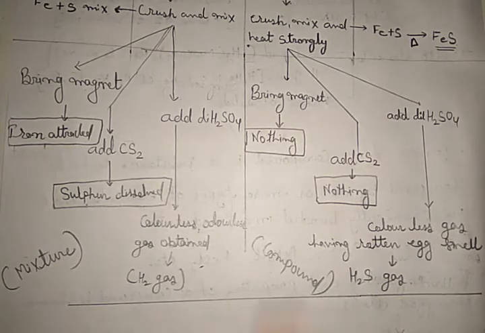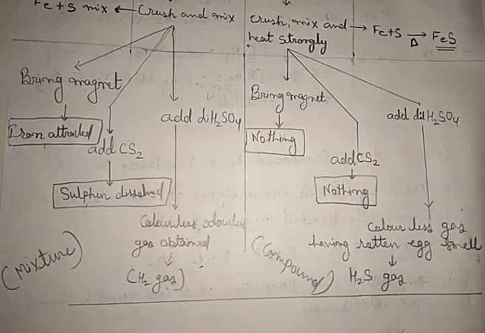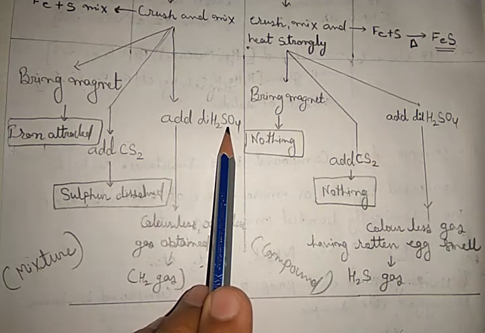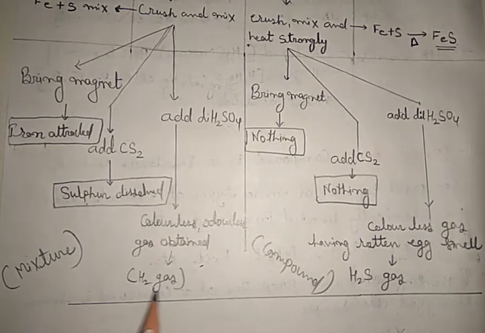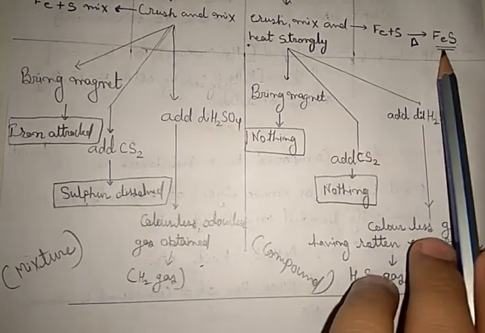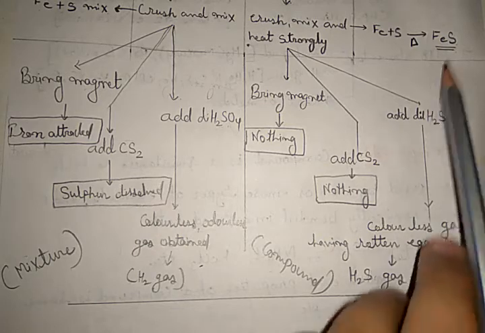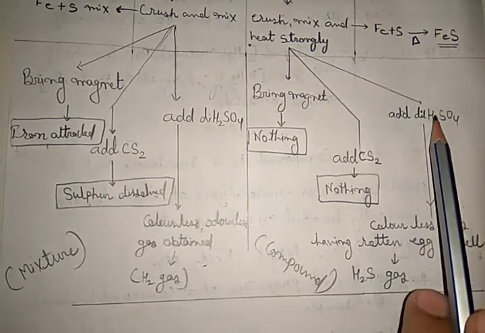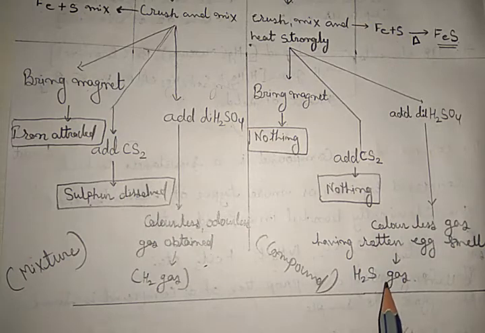Now the question comes about the gases. Here iron reacts with dilute sulfuric acid, substitutes hydrogen and combines with SO4, that is sulfate. Here FeS reacts with dilute sulfuric acid, in which iron substitutes the hydrogen and makes FeSO4, and the substituted hydrogen attaches with the sulfur and makes H2S.